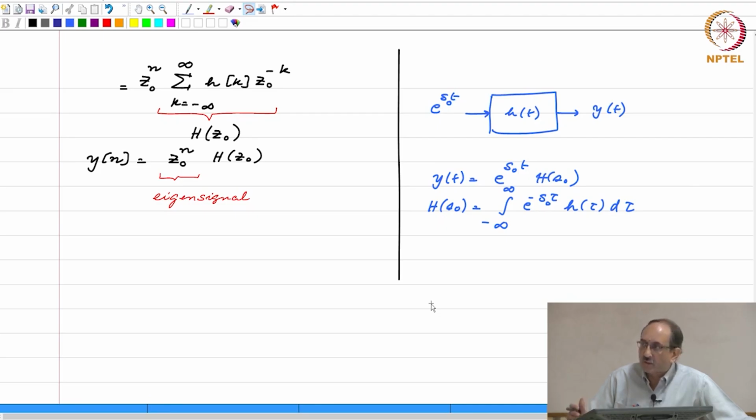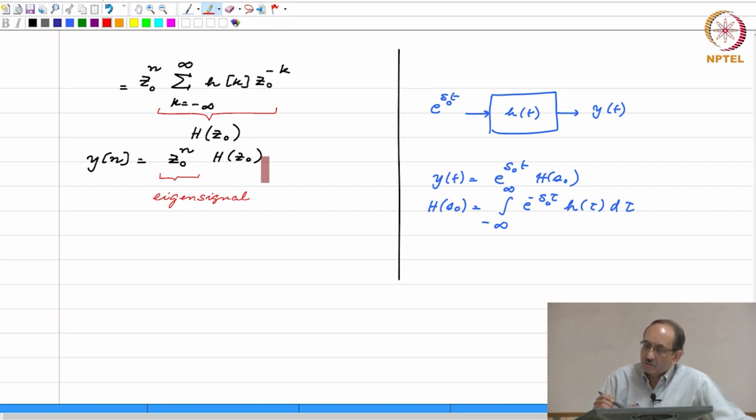We are so much used to it, any other notation will seem not quite what it should be. So, what I want you to realize is we are using the independent variable to tell us what the transform is. When we say h of z, we say z transform. When we say h of s, we say it is the Laplace transform. S is after all the independent variable, and s is a complex number. Here z also is a complex number, right?